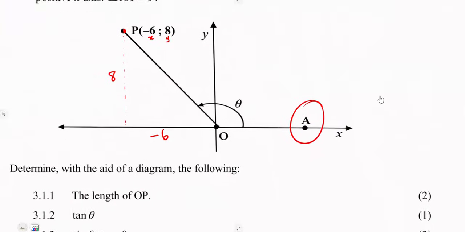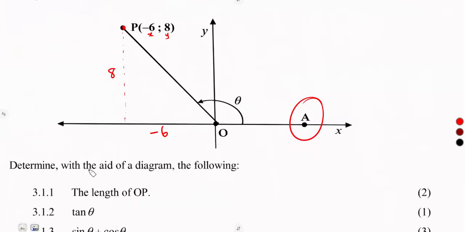So the first question here was to determine, with the aid of a diagram, the length of OP. From our diagram, guys, OP is this hypotenuse, as we have horizontal and vertical lines meeting at 90 degrees. So OP simply represents the hypotenuse.